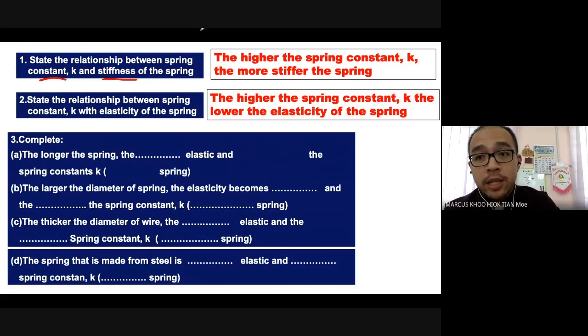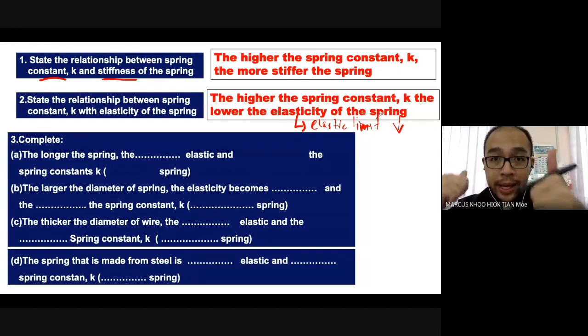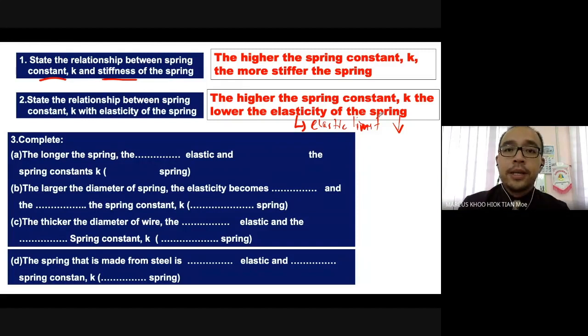And just to remind you, lower elasticity means the elastic limit is lower. Elastic limit lower means it is harder to make it extend, but easier to make it not elastic. Once you overextend a little bit, it cannot return to its original condition anymore.